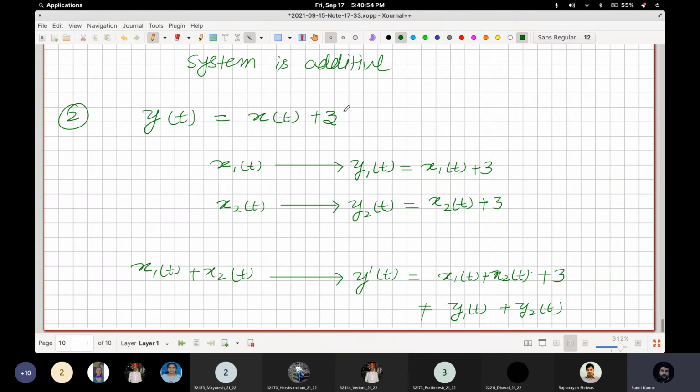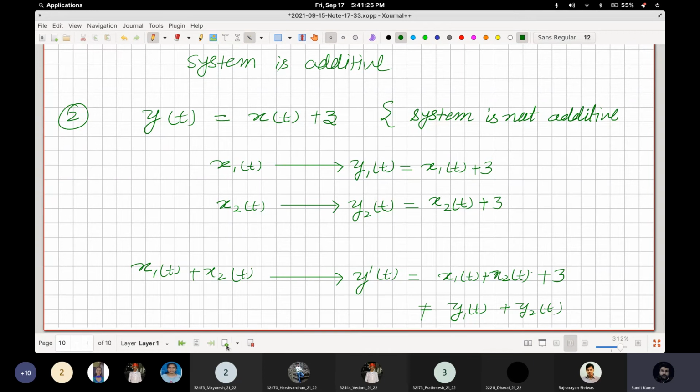So because of this added constant, your system becomes non-additive. Okay, so it's not an additive system. Let me just write here, the system is not additive.